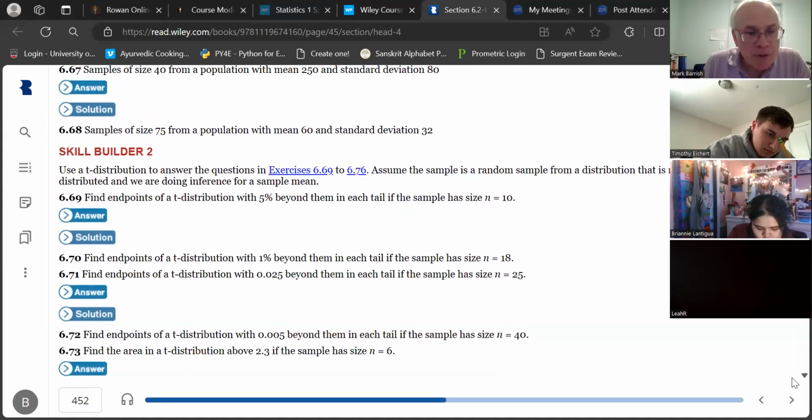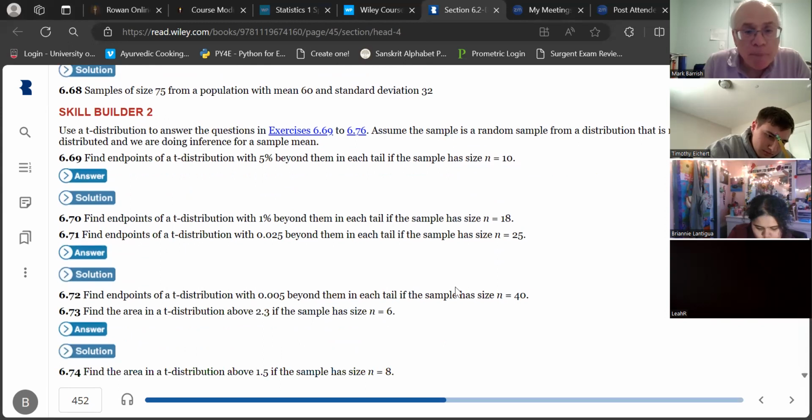All right, so let's look at some more. By the way, at 6.70, notice they have find the endpoints of a t-distribution with 1% beyond them in each tail. The sample size is 18. So if there's 1% in each tail, what would be the middle percentage? Well, 1% of the left tail, 1% of the right tail, that adds up to 2%.